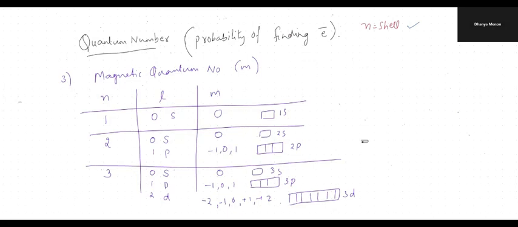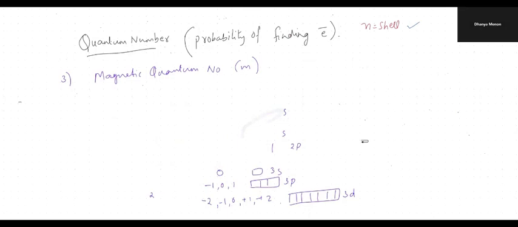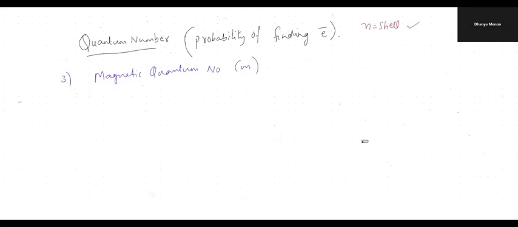Now, coming to a question. How many subshells and orbitals are present in n equal to 3? So the principal quantum number is 3.